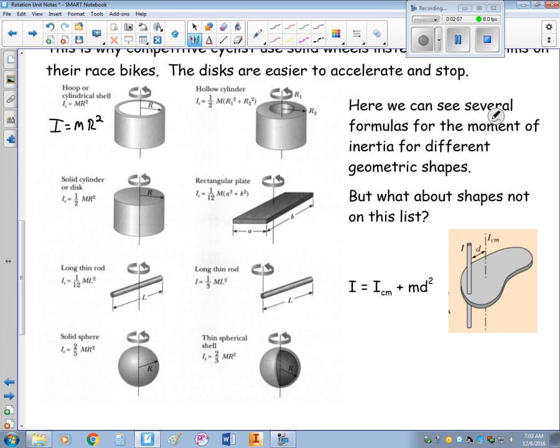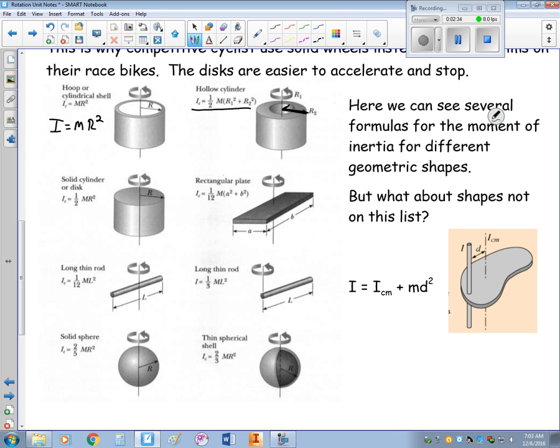If we have a ring with a thick wall, it's a little more complicated. We compare the two radii, and it's the first radius squared plus the second radius squared. So radius r1 would be to the inside, and then radius r2 would be to the outside.